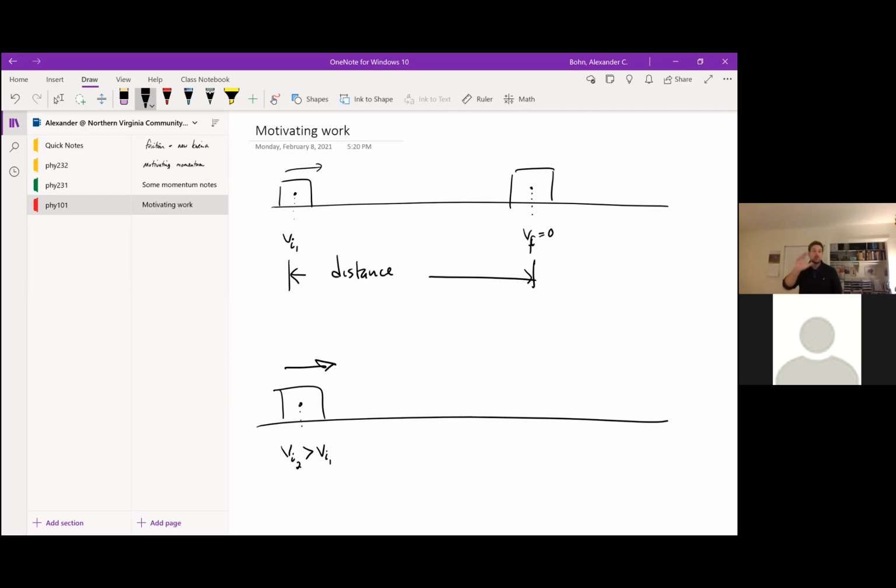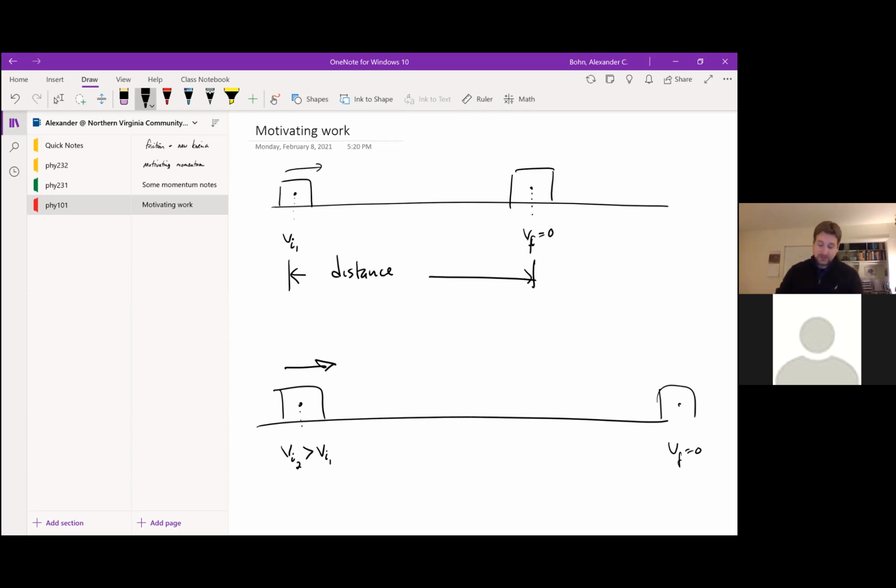We know this because we did the experiment, right? A greater initial speed will mean that we travel farther before we come to a stop. So eventually, by the time we come to a stop, we'll be over here somewhere. Farther.